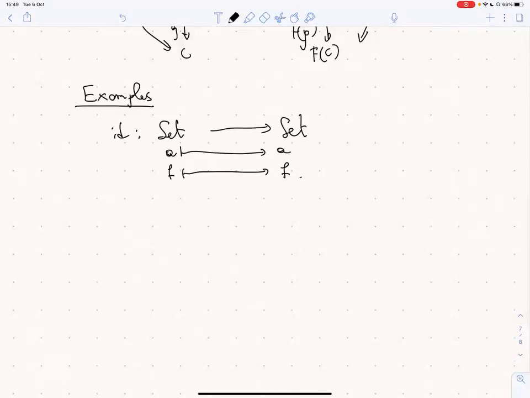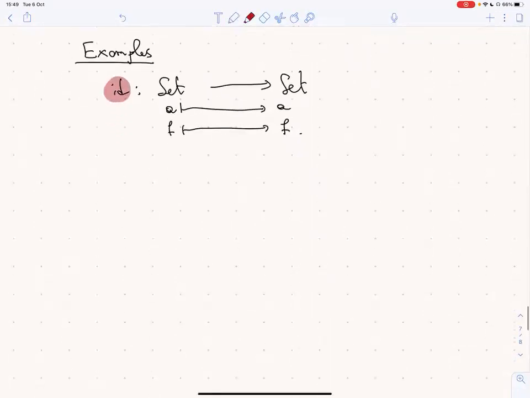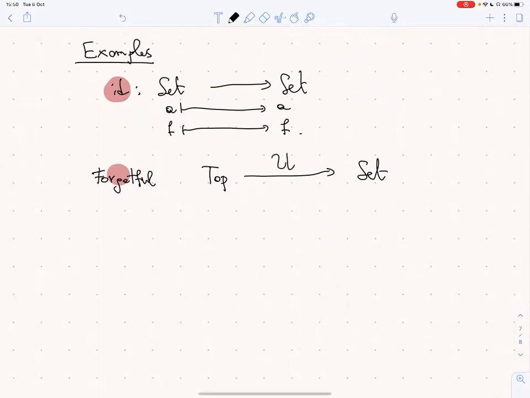Then another example is a cluster of examples which are called forgetful functors. So what is this class of forgetful functors? For example, let's take topological spaces and let's take sets. Forgetful functors are very often indicated with the letter U, which stands for underlying.